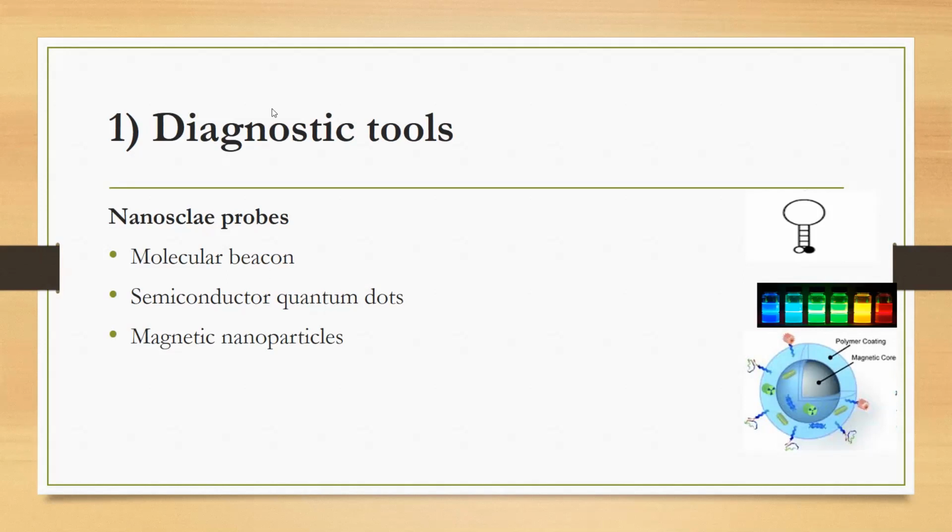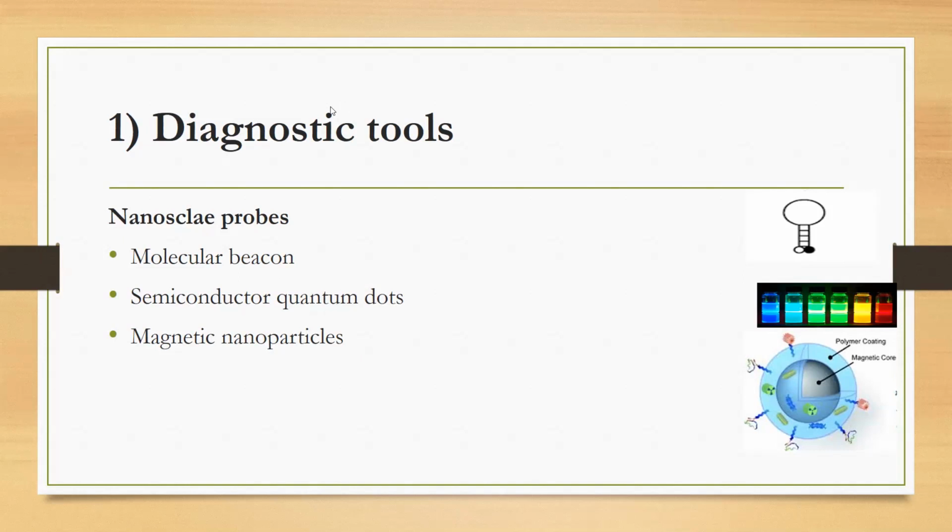So you are well aware of the DNA probes. So what are the DNA probes? DNA probes are actually the single stranded DNA molecules that specifically bind to specific DNA molecules in a pool of DNA, right? And we detect a specific DNA molecule. So that is a DNA probe.